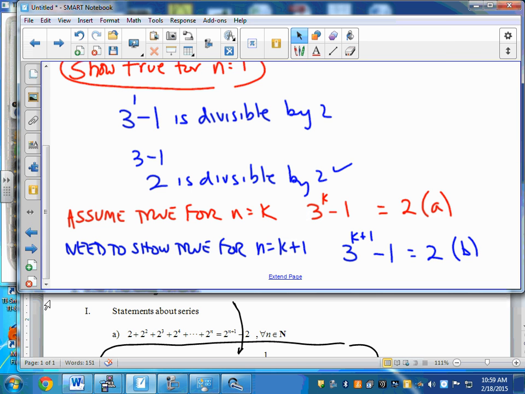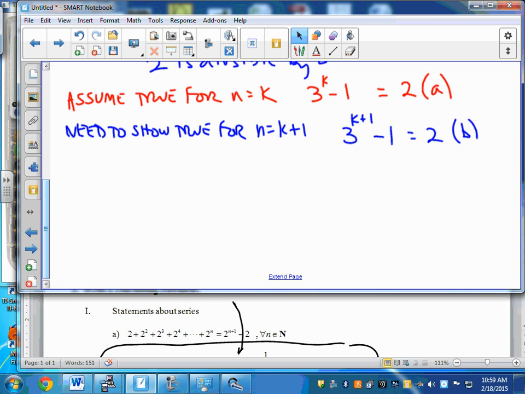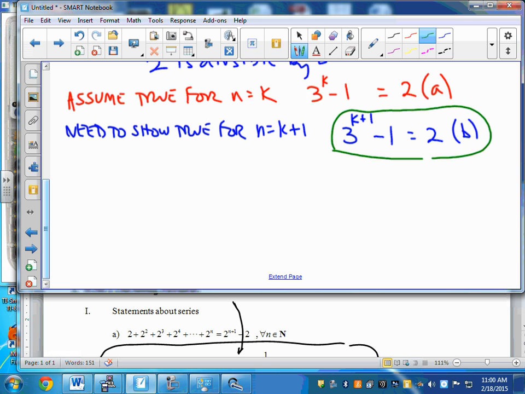Now, how do you go about doing that? Well, for these divisibility proofs, there's usually a little trick here. We start with this, our goal, and somehow we have got to show that this 3 to the k plus 1 minus 1 is evenly divisible by 2. So here's 3 to the k plus 1 minus 1.